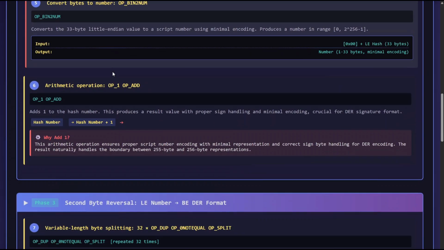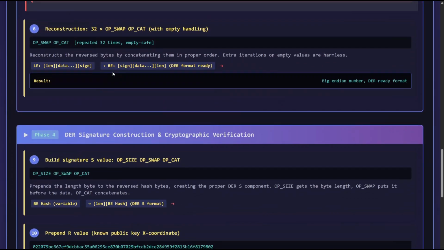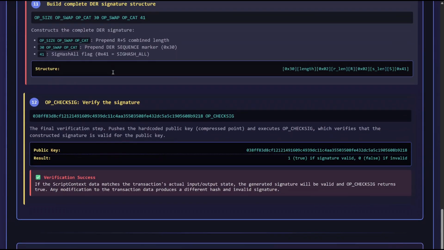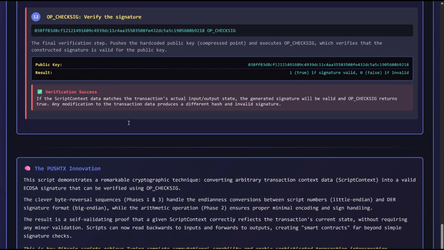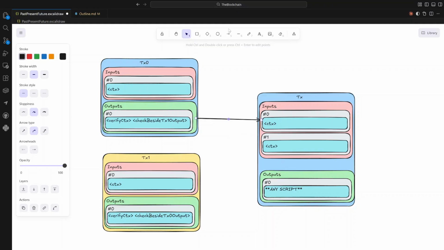That is to say, the script being processed can read from where it and its parallel input scripts are coming from, e.g. their prevout points, and also see the new UTXO output programs the transaction is creating. Since transaction scripts can now see both backwards and forwards, they can create unlocking and locking conditions far beyond simple ECDSA signature requirements.